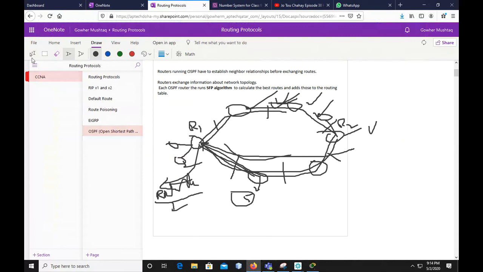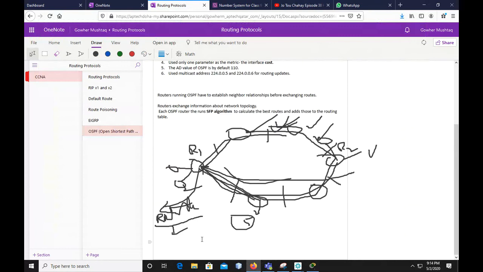Okay, so now each OSPF router stores routing and topology information in 3 tables, same as EIGRP.